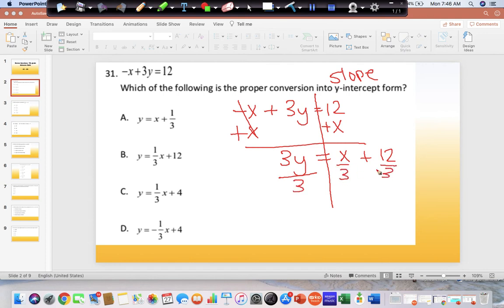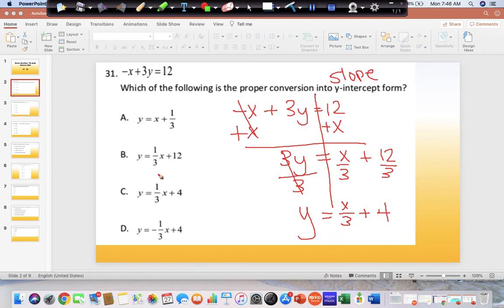That means everything on the right side needs to be divided by 3. This cancels because 3 divided by 3 is 1, and 1 times y is y. And then we have x divided by 3 plus 12 divided by 3, which is actually 4.